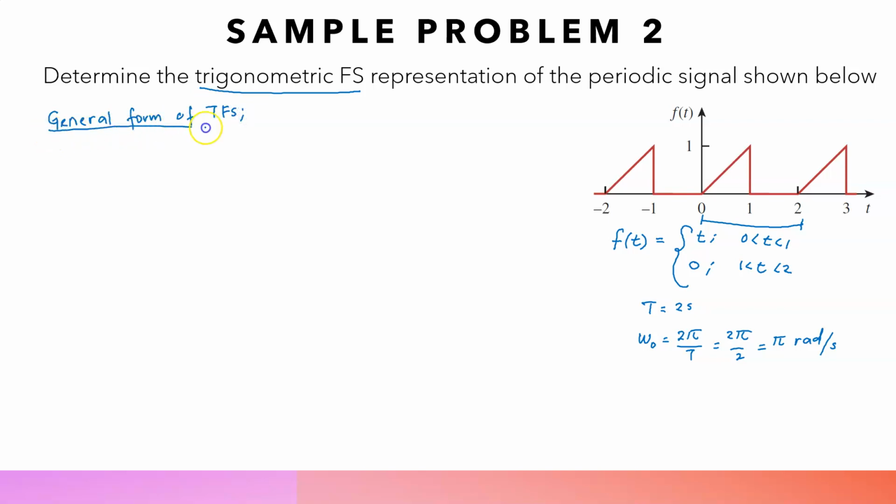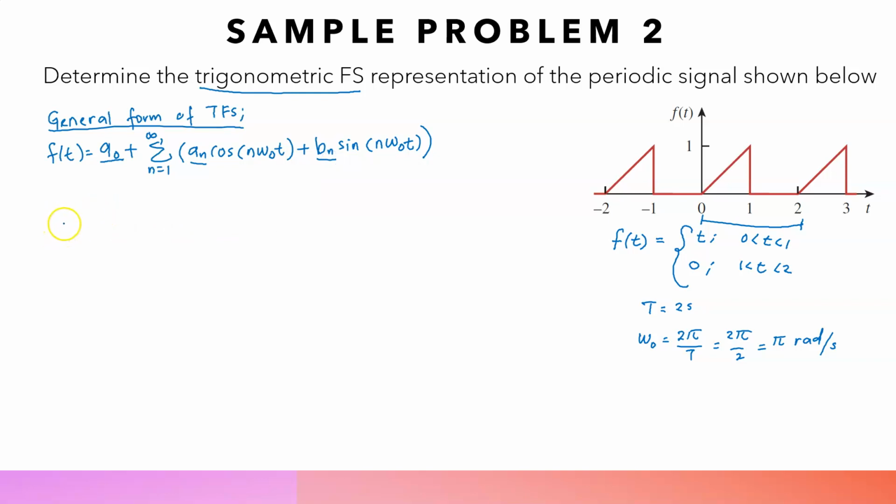It is given by this equation, where f of t is equal to a naught plus summation of n equals 1 until infinity for a n cos n omega naught t plus b n sin n omega naught t. So these are the coefficients that we have to calculate: a naught, a n, and b n.